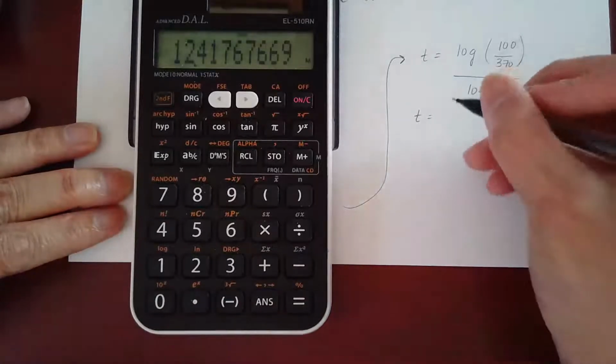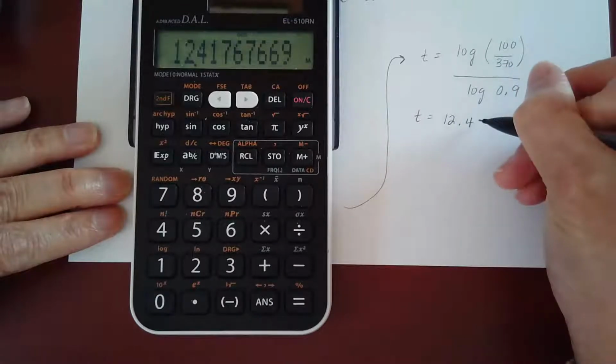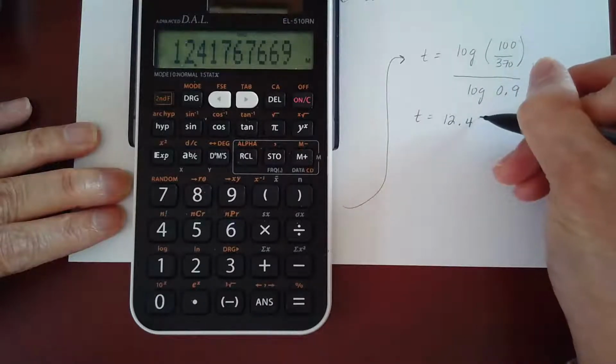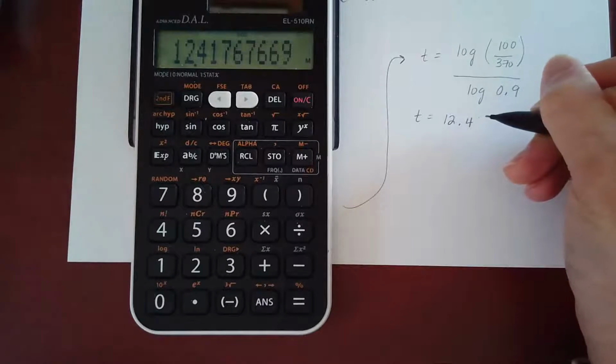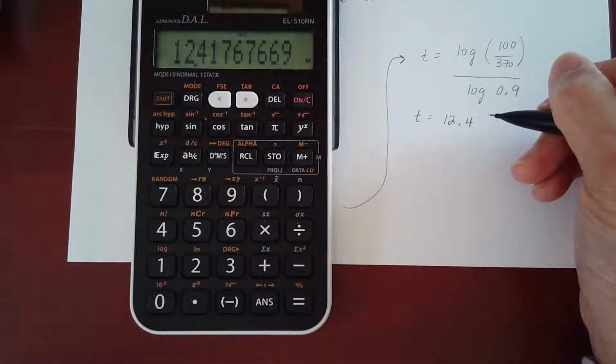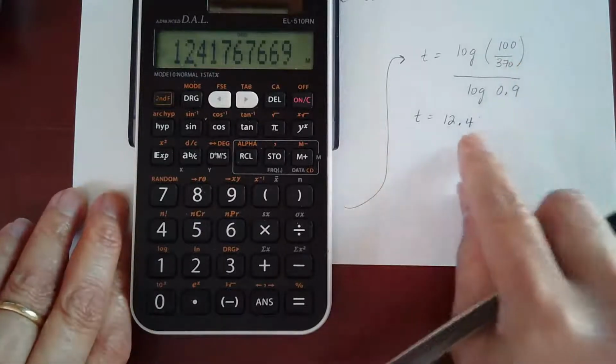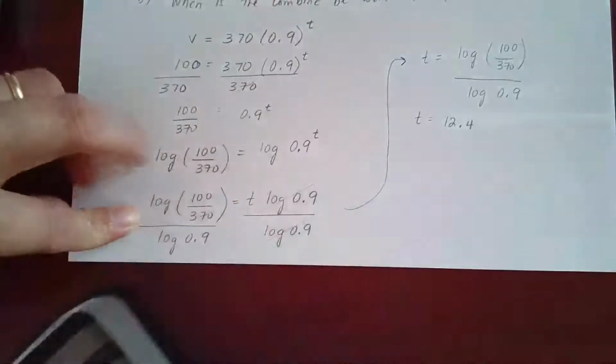Okay, so now I got an answer. It says 12.4. Did I say how many decimals? Give the answer to the nearest half a year. So one decimal place.